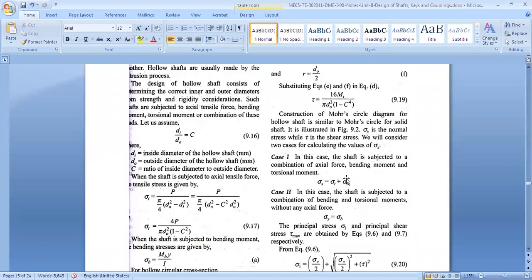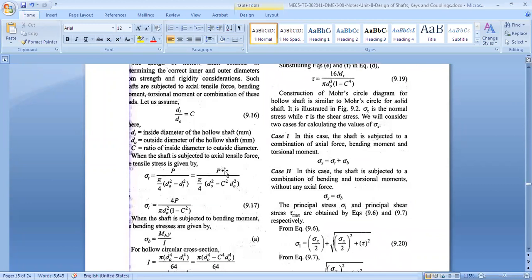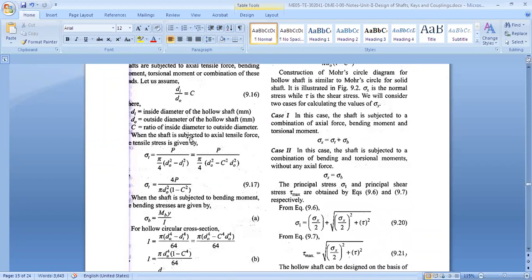Now the hollow shaft design procedure is exactly still the same. The only thing is that instead of a solid shaft, we have a hollow shaft. So some formulas will change. Now let's assume that di upon do is C, the ratio of inside to outside diameter of the shaft. Di is the inside diameter of the hollow shaft, do is the outside diameter.